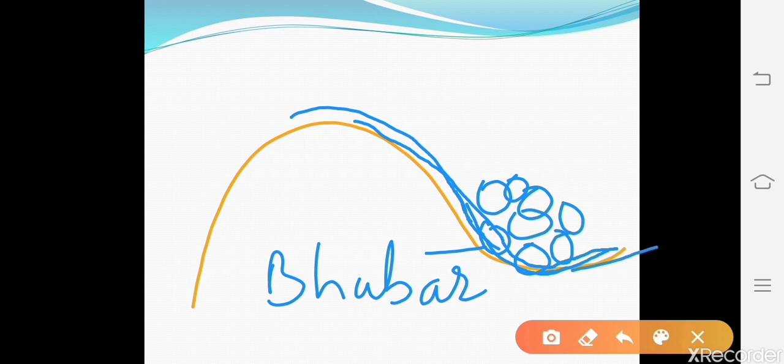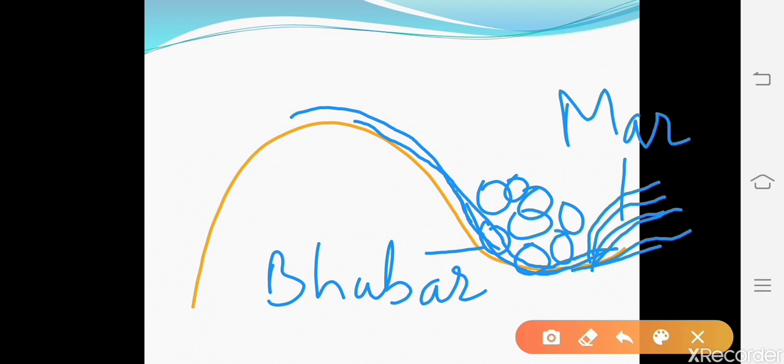Ahead of the Bhabar, the river re-emerges. The area where the river re-emerges is ill-drained. Because water keeps standing here for a longer time, it becomes a marsh or muddy area. So this marshy area is known as Terai.